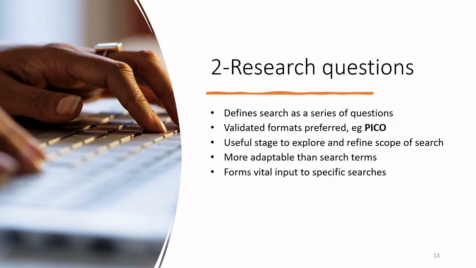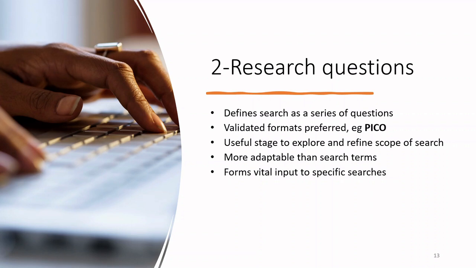PICO is one of them. We're going to take a look at PICO in a moment, and it's a good stage to explore and refine the scope of the search. It's very easy to change research questions, much easier than changing search terms, because with search terms you have to rerun a search each time you change it, and that can be quite laborious, especially if you've already started with inclusion-exclusion screening.